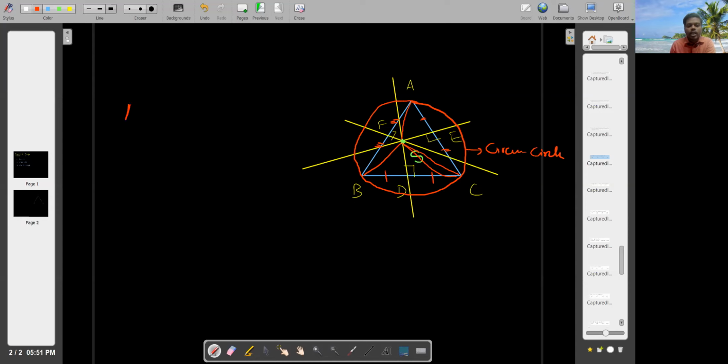If it is an acute angle triangle, circumcenter lies interior of the triangle. If it is a right angled triangle, circumcenter is midpoint of hypotenuse.